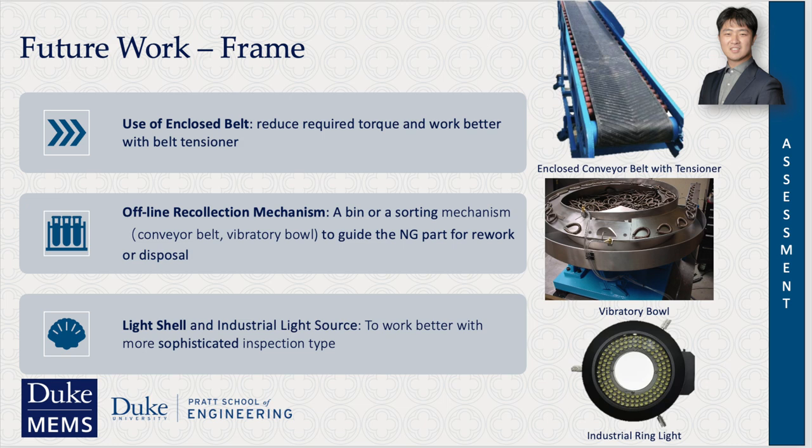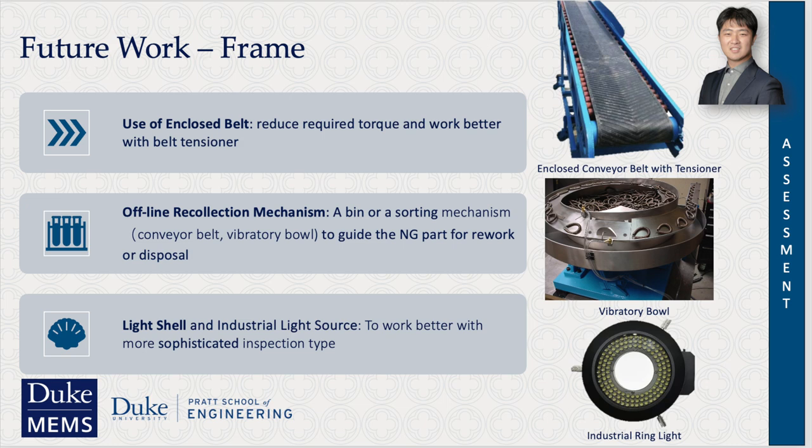We tried different tapes, but none of them works perfectly without affecting the mechanical strength of the belt. And that leads to several problems. The taped section of the belt will require more torque from the motor, and also it has a friction problem. So in the future, we would like to use an enclosed belt to solve this problem from the very beginning.